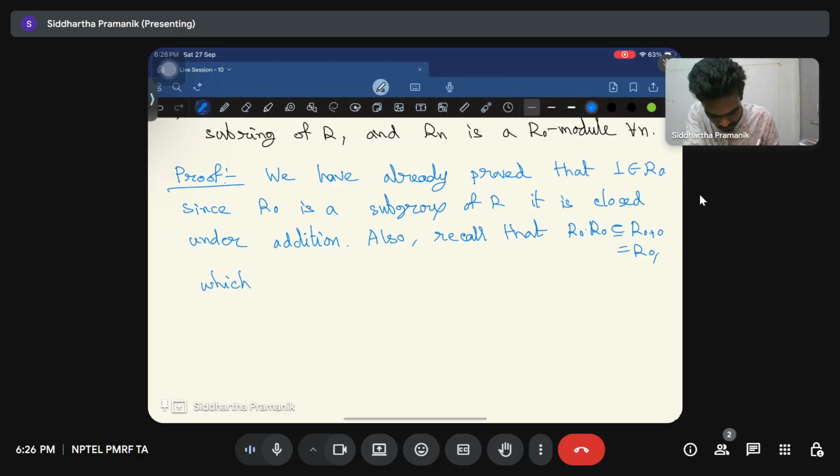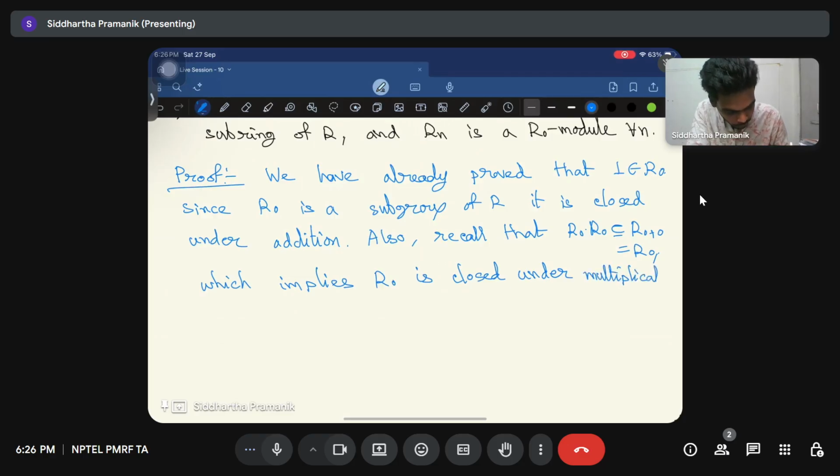Which implies R naught is also closed under multiplication. Thus, R naught is a subring of R. For a subring, we need to check three conditions, right?